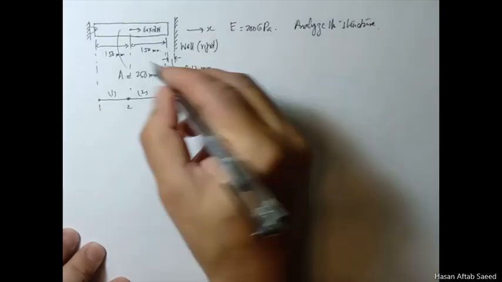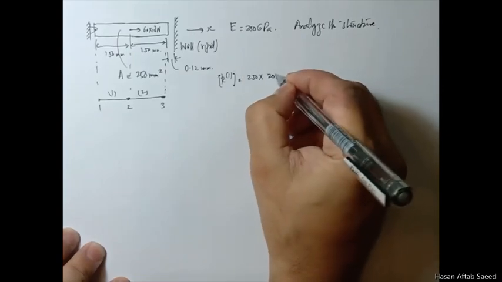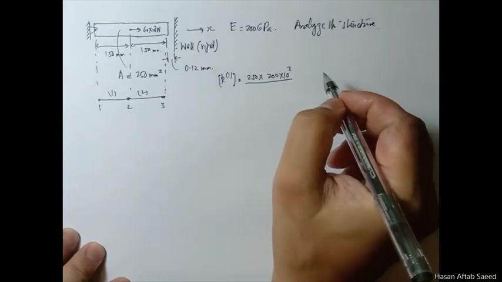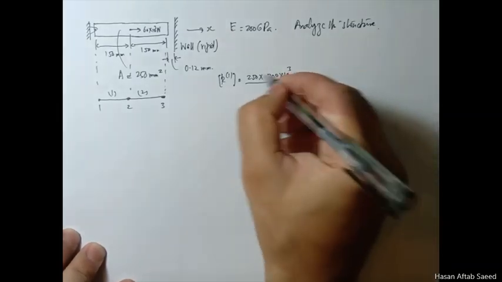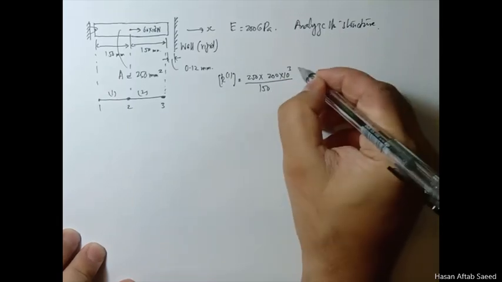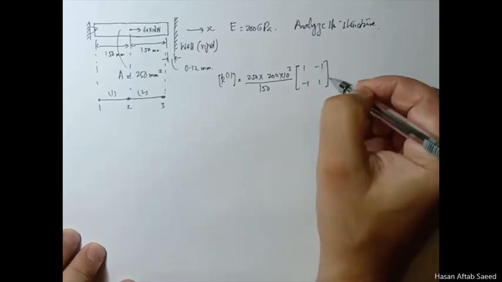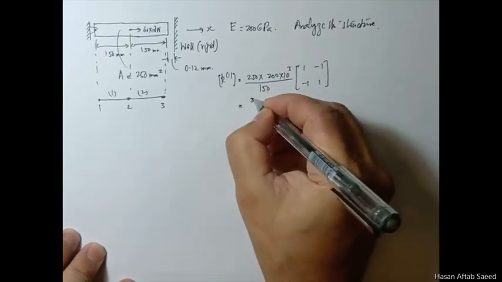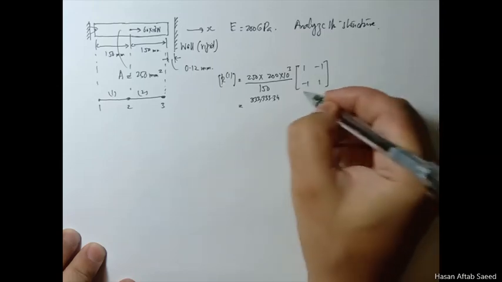You have AE over L. A times E is 200 times 10 raised to power 3. I'm using the Newton, megapascal and millimeter system. AE over L, L is 150, and you have this 1, minus 1, minus 1, 1, very familiar to you by this stage. And this turns out to be 333.34.